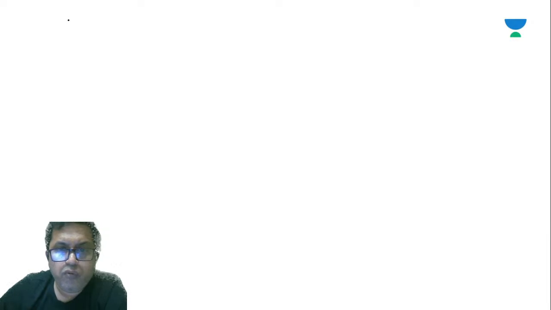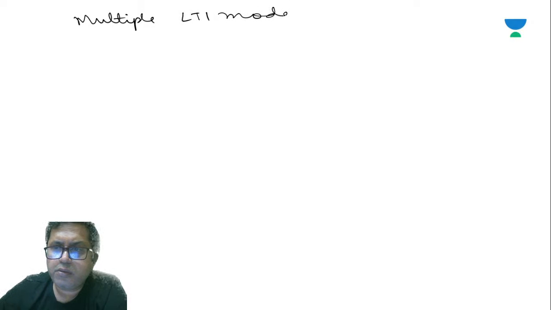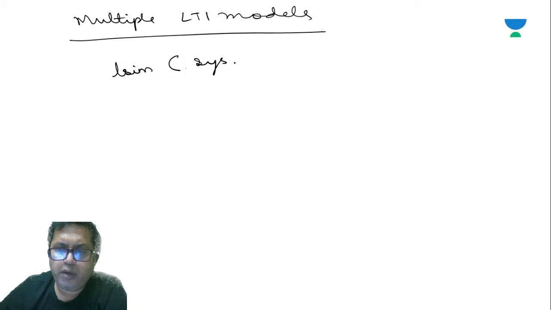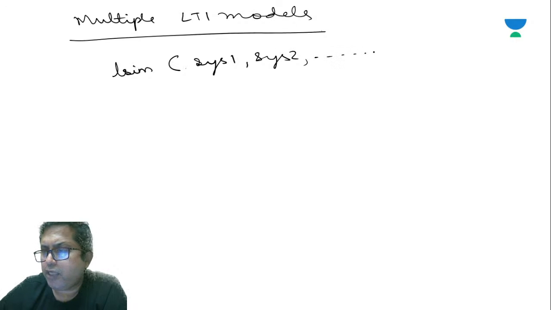So what if we have multiple LTI systems, linear time invariant models? In that case, the command is LSIM sys1 comma sys2 dash dash dash sysn comma u comma t.